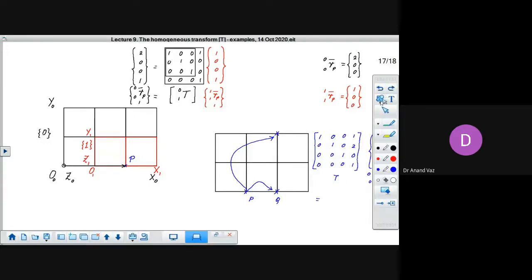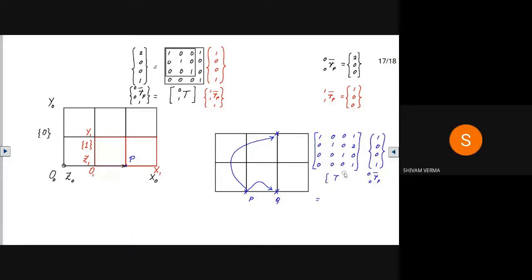Sir, P is also shifted 1 unit before. Yeah, that's right. No, now I'm taking another example. Instead of that, I want to shift the point over here. Yes, sir. Is it okay? Yes, sir.